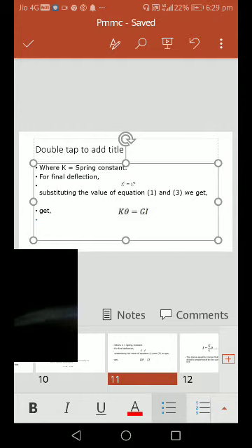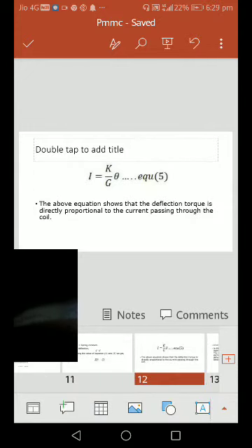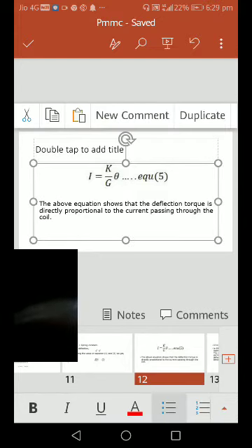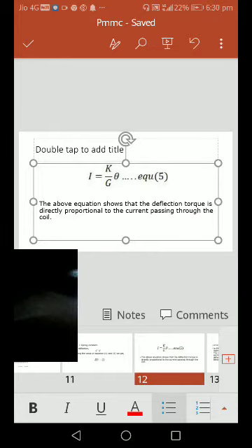Therefore, the current I is equal to K into theta by G. The above equation shows that the deflection is directly proportional to the current passing through the coil.